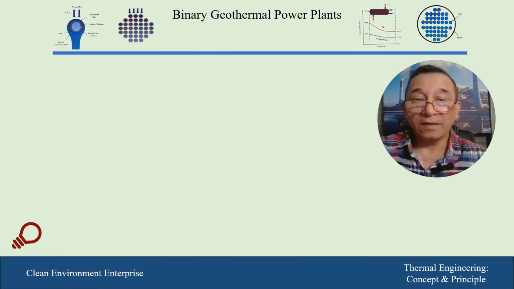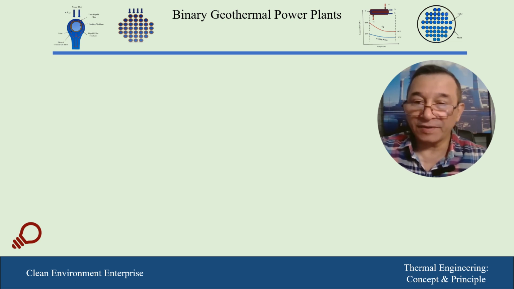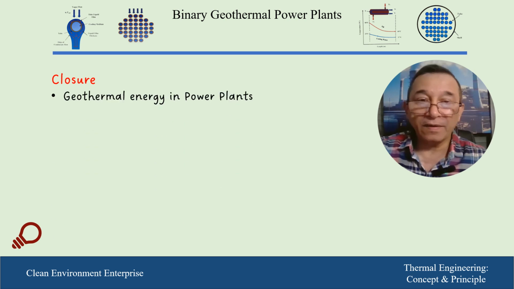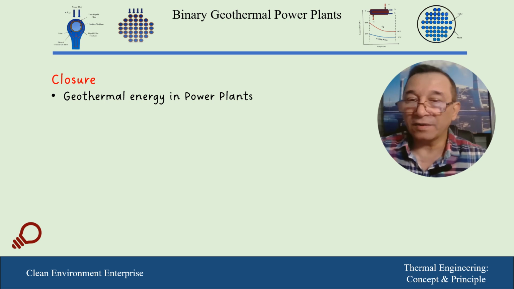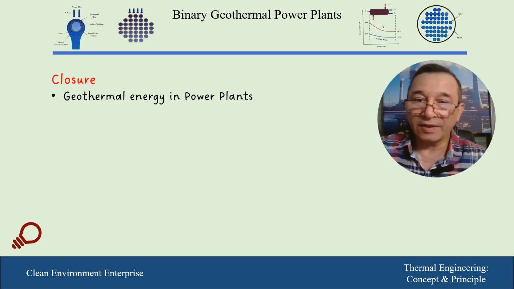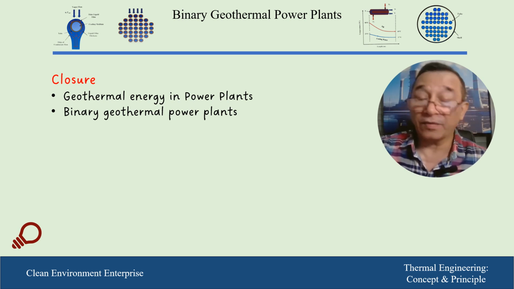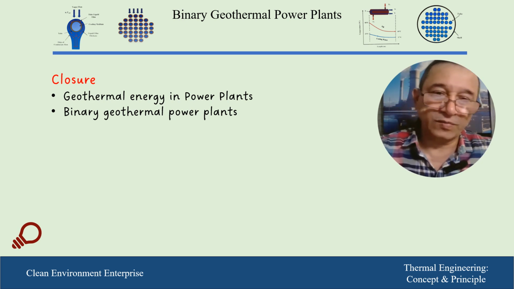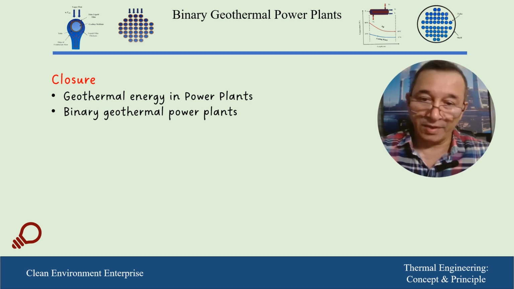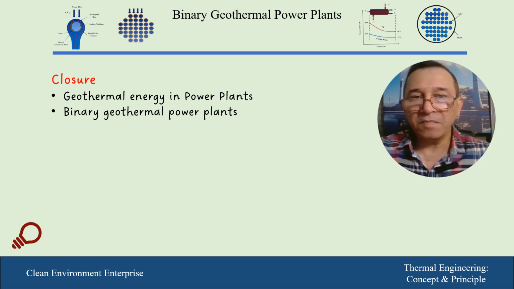Now we reached the last part of this video, the closure, to describe what we passed through in this episode: the geothermal energy and its use in power plants. We described the last, third type of geothermal power plants, which is the binary system.